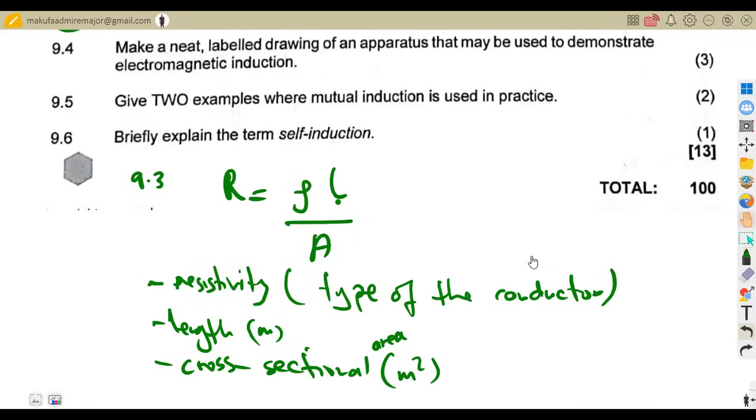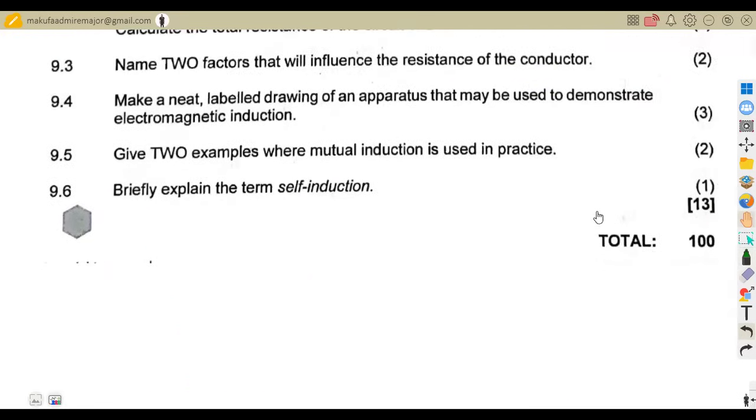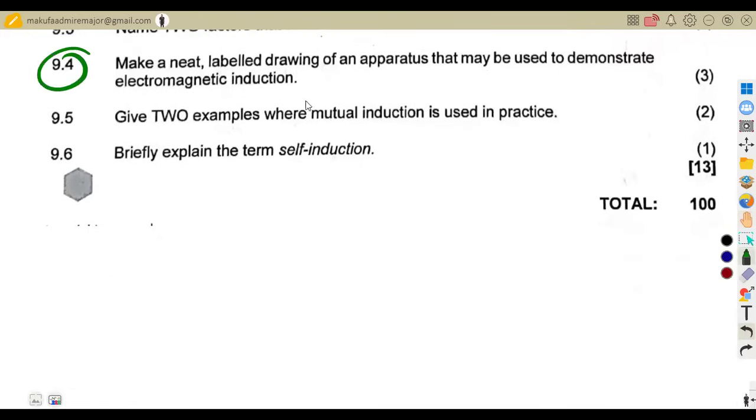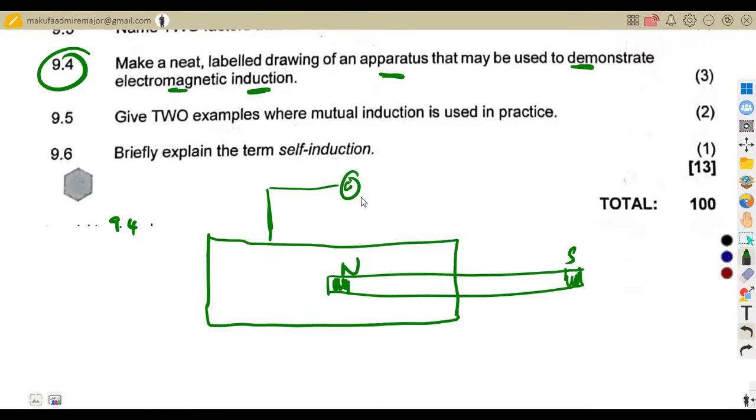Okay. Then in this case, 9.4, make a neat sketch labeled drawing of apparatus that may be used to demonstrate electromagnetic induction. I said, guys, as for me, when it comes to diagrams, I'm not that good, but I'm just going to have a sketch, something of this nature. I'm going to have a coil inside here, north and south pole. So let us just say this is our north and this is our south, and a galvanometer for our readings here. Let's just put it outside like that.